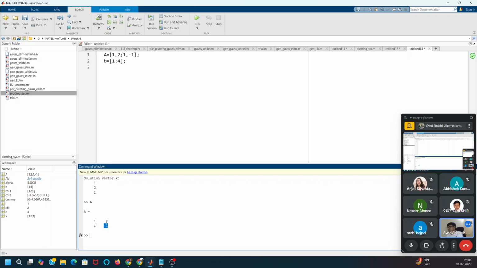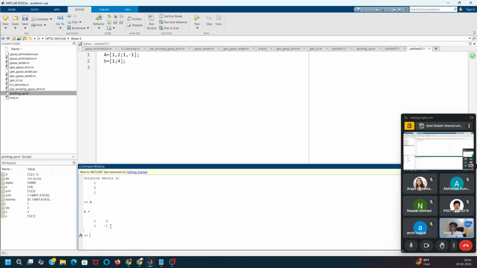you can see that if I exchange this 2 with minus 1, my principal diagonal dominance will increase. So if I swap this 1, 2 with 1 and minus 1, if I exchange the rows, then my principal diagonal will become more dominant, and that will lead to a more stable solution.